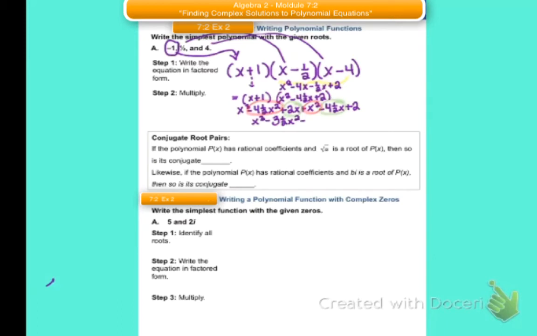Combine those together, it gives me minus 2.5x. And then finally the plus 2. So the polynomial function that would have these zeros would be x cubed minus 3.5x squared minus 2.5x plus 2.